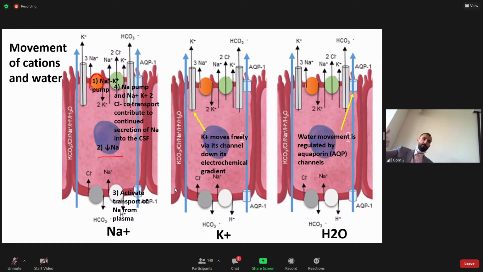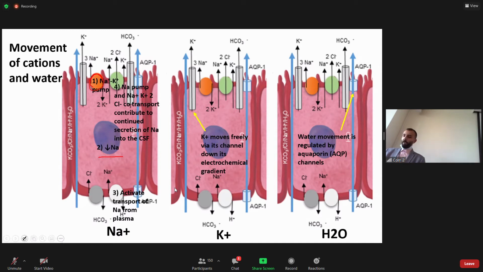Now, we also have a secondary active transport which contributes to the pumping of sodium, through the sodium potassium chloride pump. As you can see, these pumps, the primary and the secondary active transporters, contribute to pumping sodium into the ventricular system, thus contributing to producing the contents of CSF.